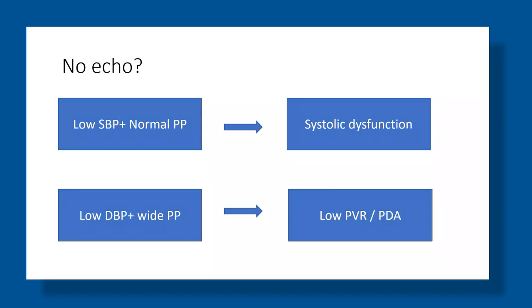But just because you don't have the echo, which is the fate for most of us in our country, don't be disheartened. Again, you can get some idea regarding the pathophysiology in your patient, depending on your blood pressure. So most of the time what we see is, when we do the ward round in the morning, we ask for the blood pressure.